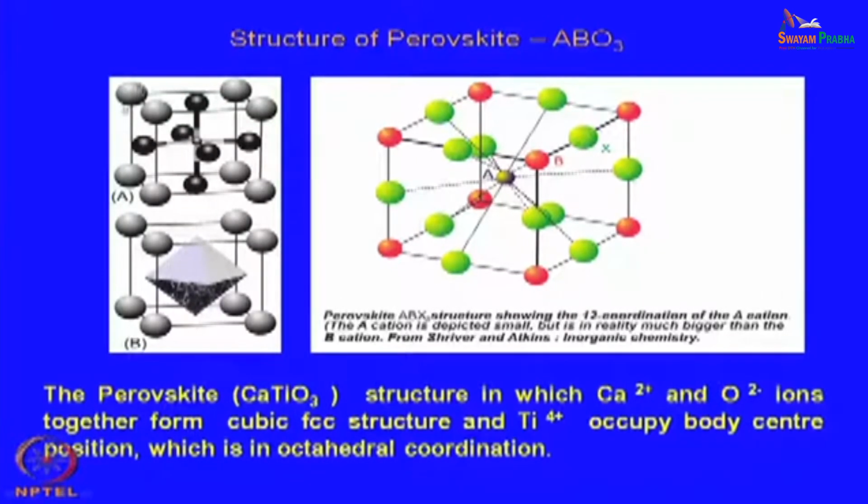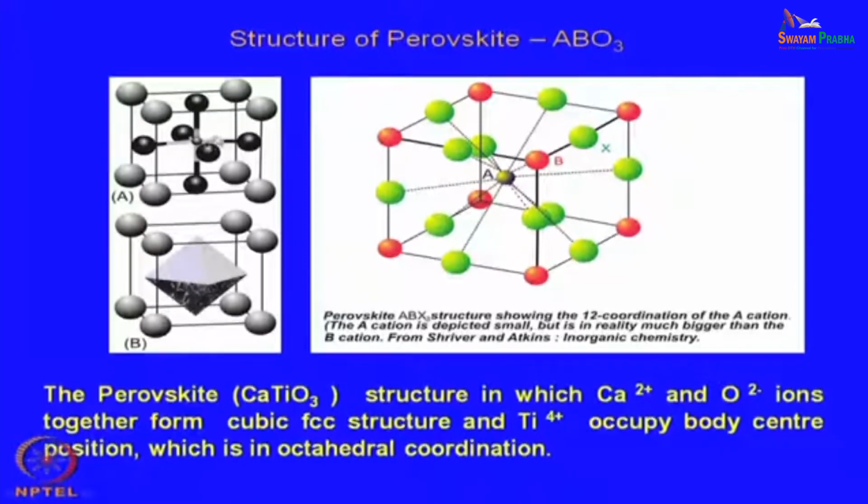If you look at this particular part of the diagram, you will see the dark ones are calcium, the lighter ones are oxygen, or it can be reversed also. In this case, I think these dark ones are oxygen and these are calcium. The lighter ones are actually calcium, it is somehow not written. So, this is your titanium.